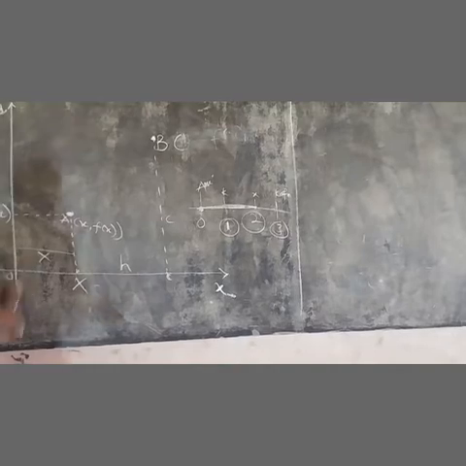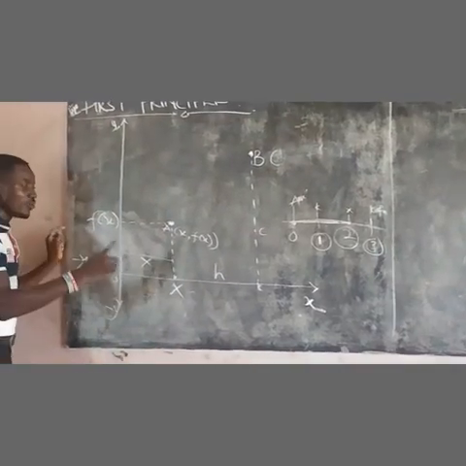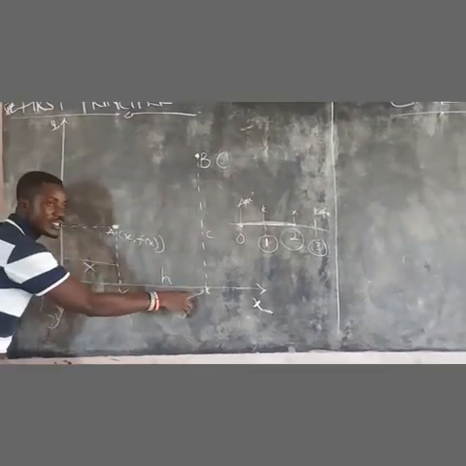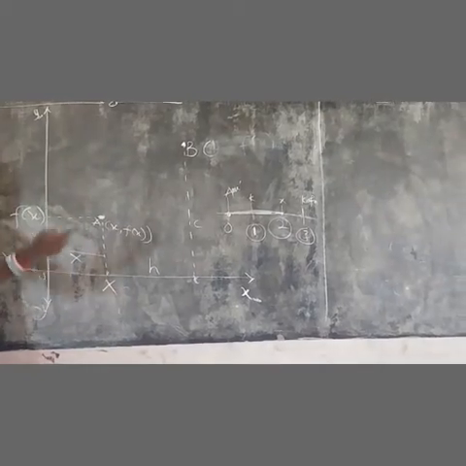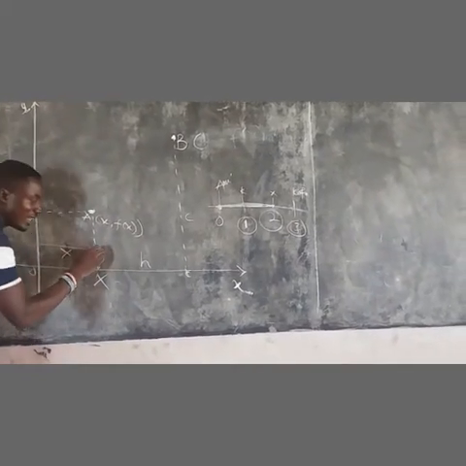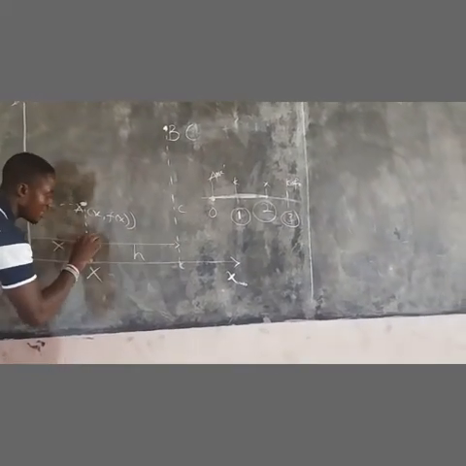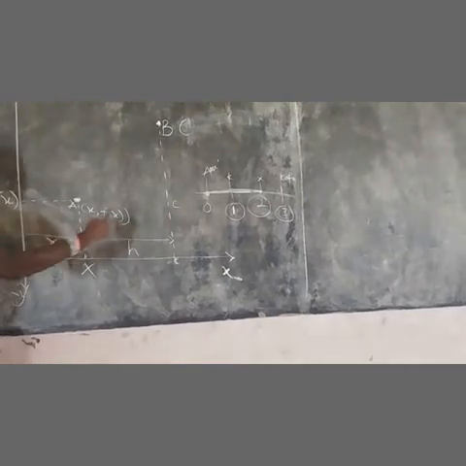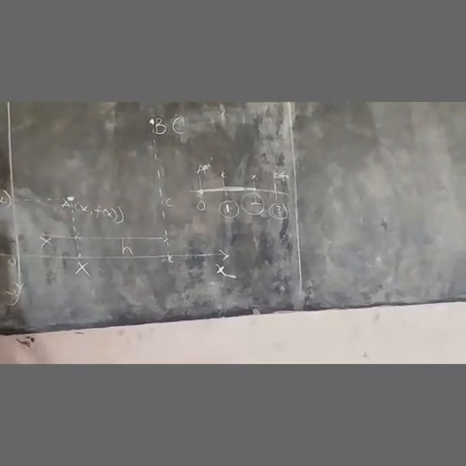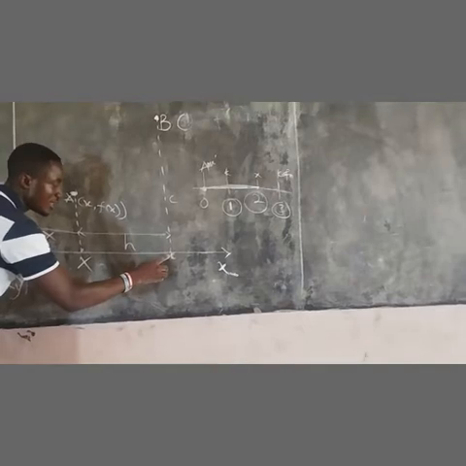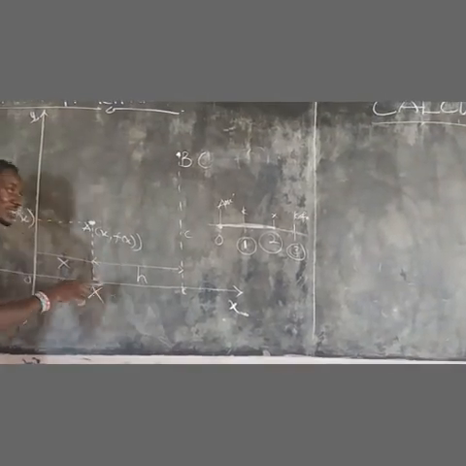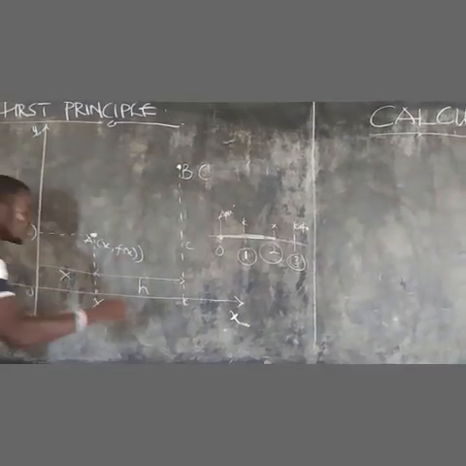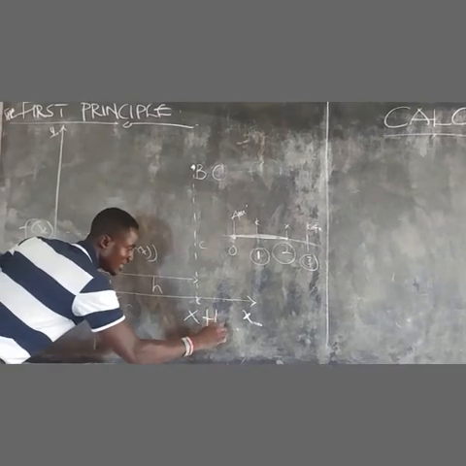Let's apply that idea over here. What I'm trying to say is that this point C is the sum of x and h. x plus h will give you C. So point C on the x-axis will have the value of x plus h.